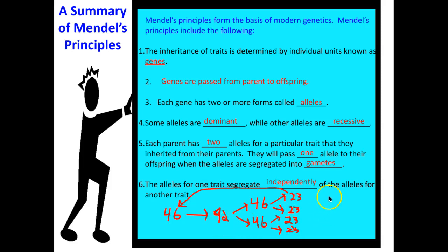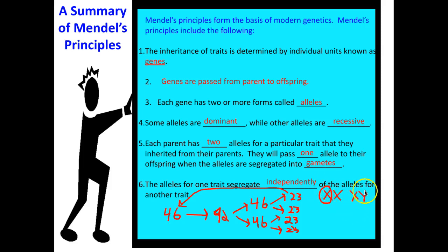So each parent gives, so if we have a parent with X, the offspring will only get one of these. The other will come from another parent.